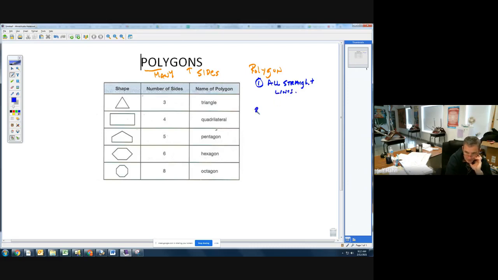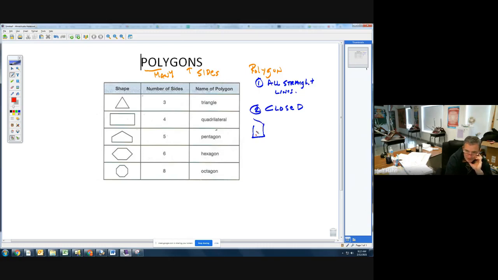And thing number two is it must be what math people call closed. The way I like to describe this is, if you have a shape, let's say my shape looks like this. It's got these sides, and it looks like that. This shape would not be closed.